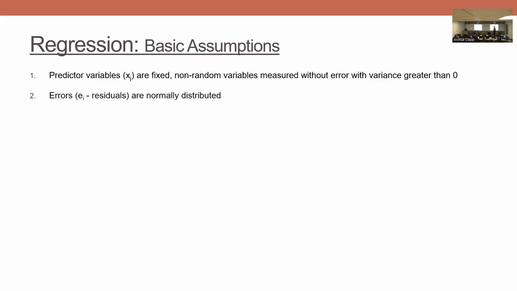Okay, we're saying that our errors, these are our residuals, have normal distributions. Remember that our residual is determined as the deviation of our predicted value from our actual observed value. If I look at that, the idea is most of them are going to be centered around 0, or very close to 0.